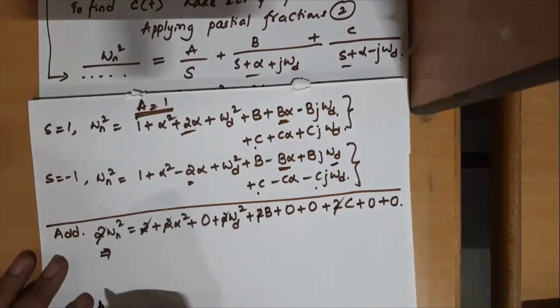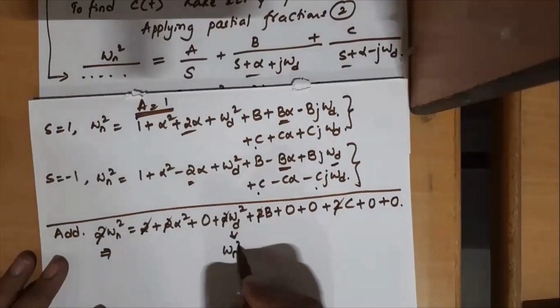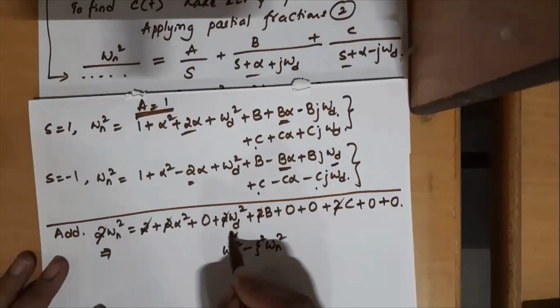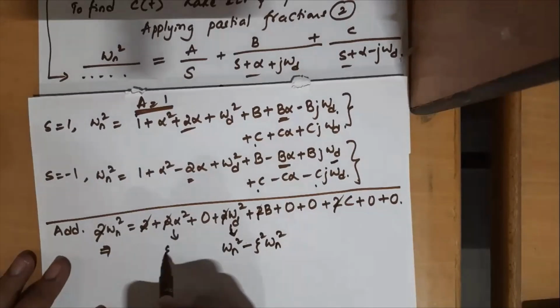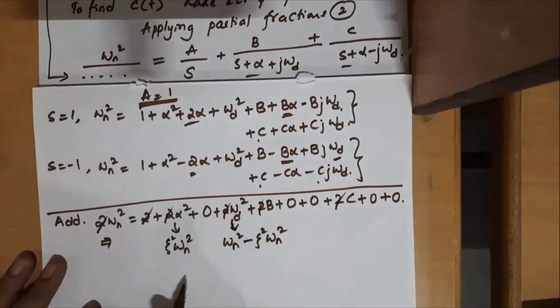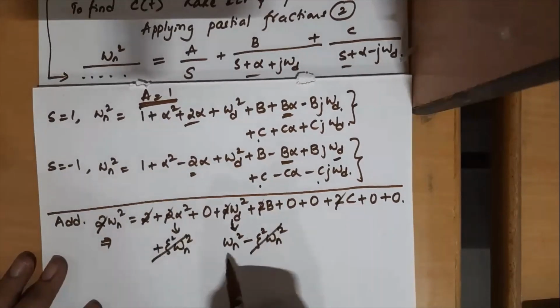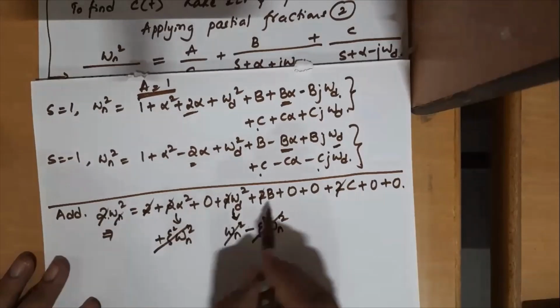And you can make a replacement for alpha and omega d now itself. Omega d square we already know from a previous step, and alpha square is zeta square omega n square. So when you simplify and substitute, plus and minus zeta square omega n square will cancel, and omega n square on the LHS and RHS will get cancelled.